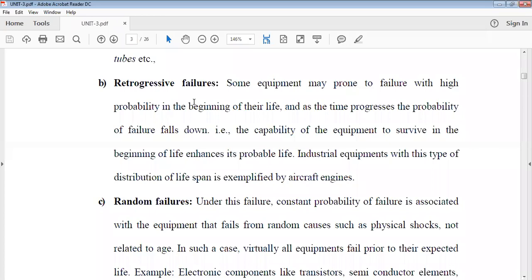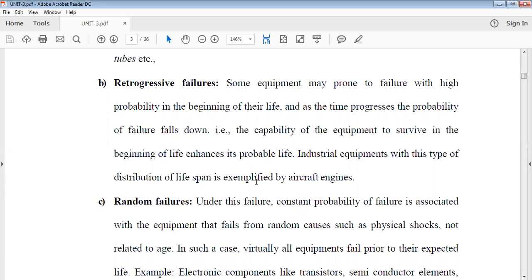Retrogressive failures. Some equipment may be prone to failure with a high probability in the beginning of their life, and as time progresses, the probability of failure falls down. The equipment that survives the beginning of its life enhances its probable life. Industrial equipment with this type of distributional lifespan is exemplified by aircraft engines.